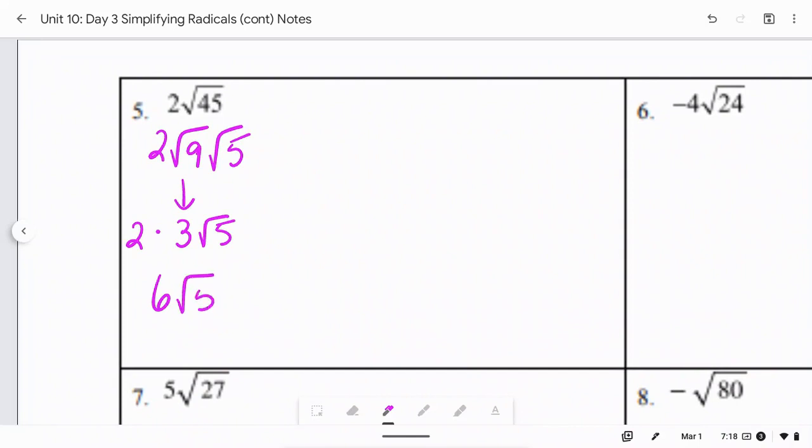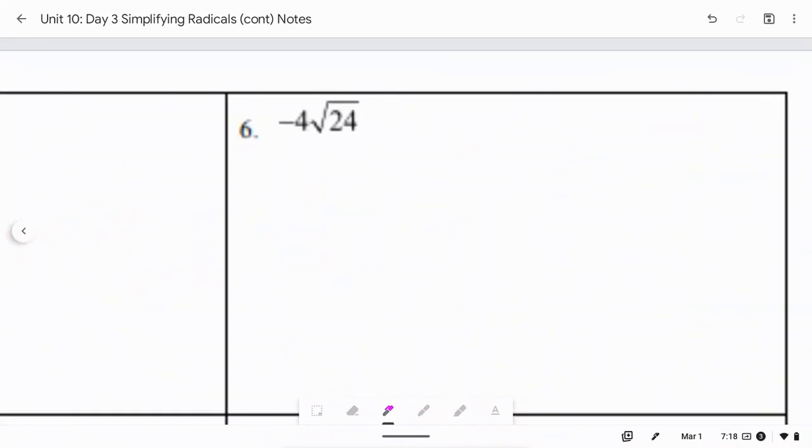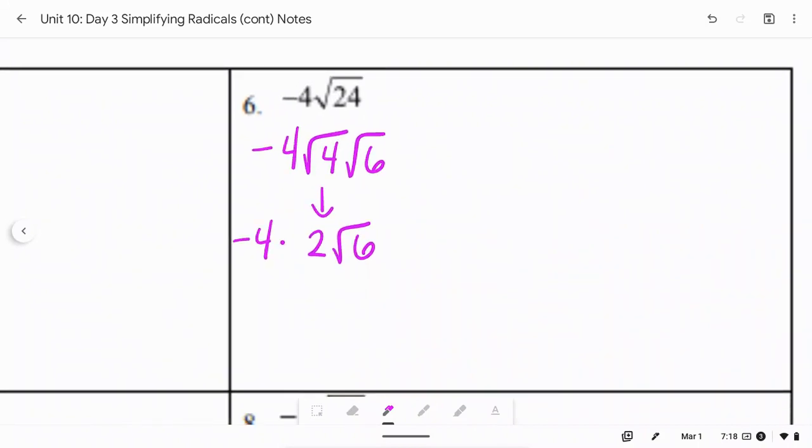So I end up getting 6 square root 5 as my final answer. In example 6, the square root of 24, the largest perfect square number that I can divide it by is 4 times 6. The square root of 4 becomes 2. Bring down the square root of 6 and then multiply the 2 by that negative 4 in front. So I end up with negative 8 square root 6 as my final answer.